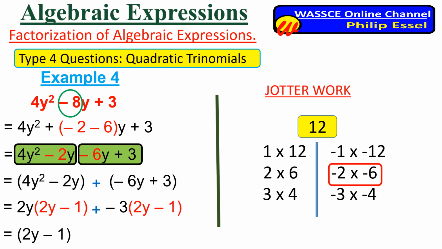So the items outside of the bracket are 2y and negative 3. When we merge them into one factor, we are going to get 2y minus 3, all in bracket. So our final answer is bracket 2y minus 1 bracket closed times bracket 2y minus 3 bracket closed. As simple as that.